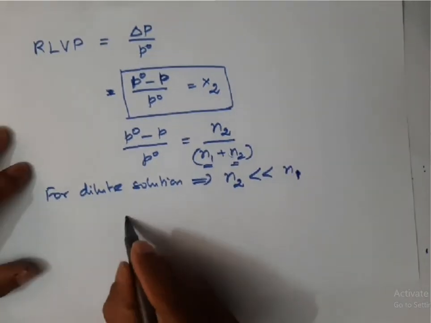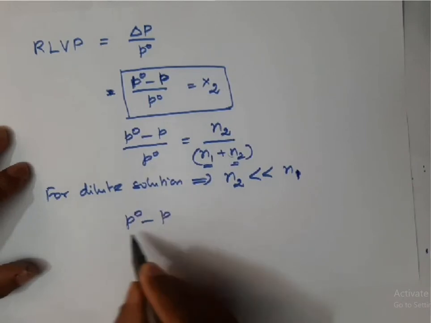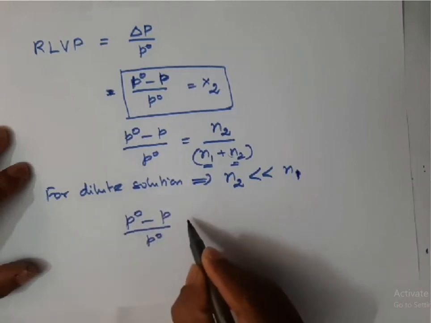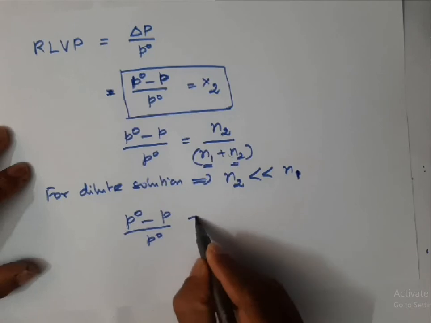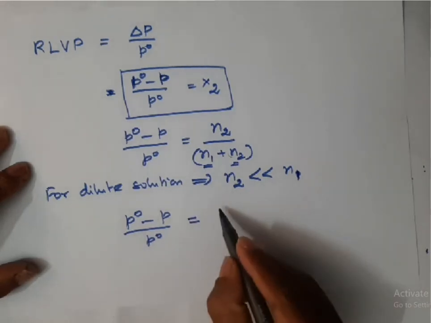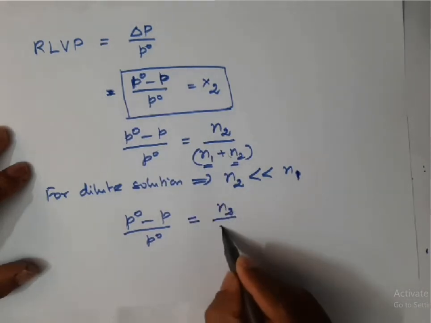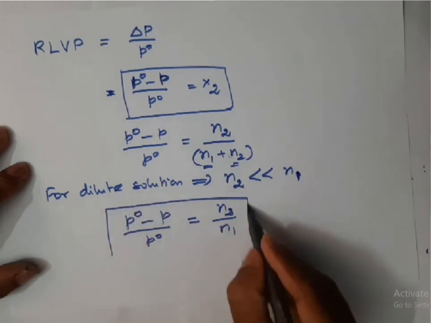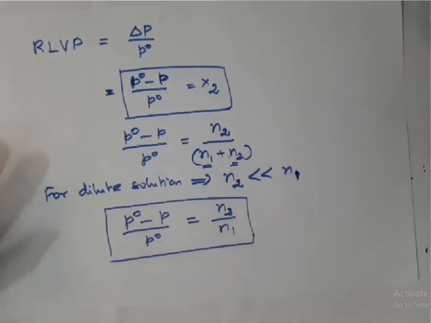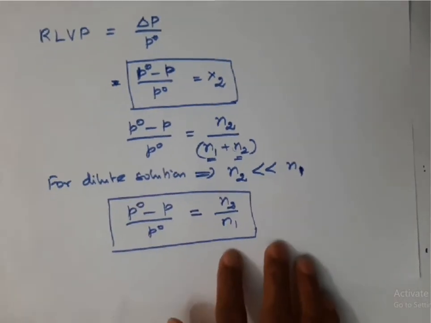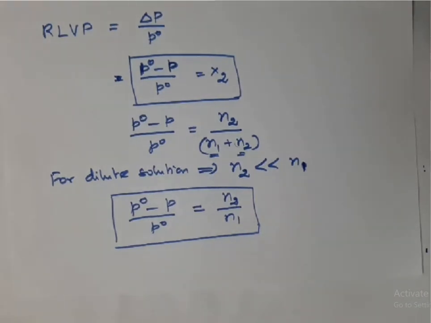Therefore, I can write P naught minus P by P naught is approximately equal to N2 by N1. Is this clear, students? Any doubt?